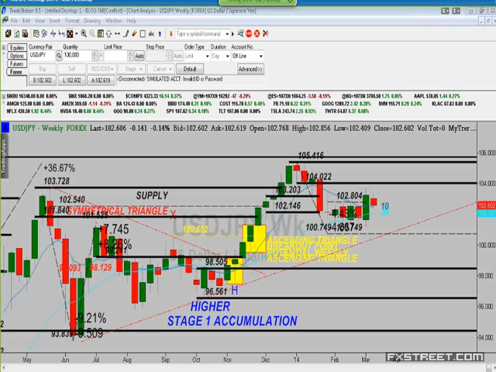We want to teach our students to buy where banks and large institutions have orders to buy, and to sell where those institutions have large orders to sell. And of course, we believe that price moves to where these large areas of buy orders and sell orders are.